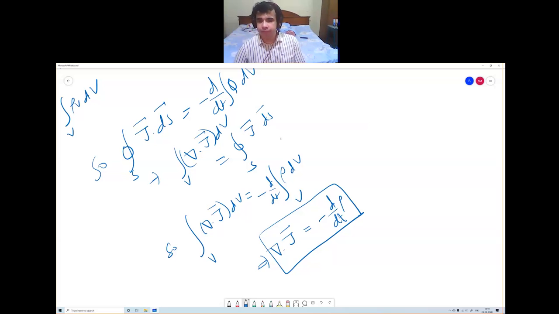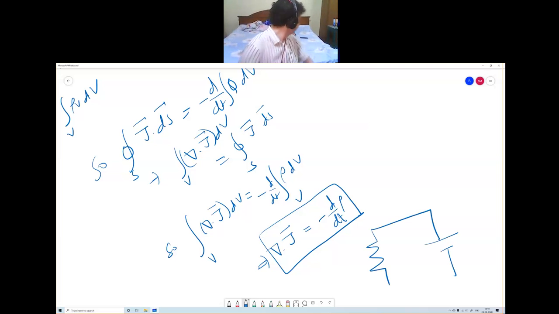What would have happened if I had taken a current line like this? It is considered like this, a resistor R. It's a wire. And what will happen if I apply the equation of continuity here?